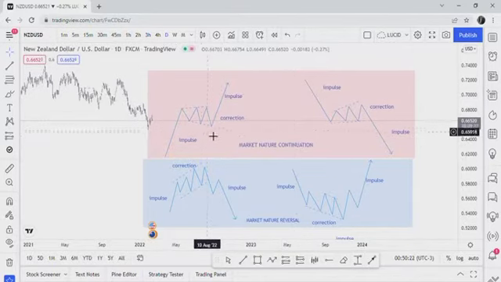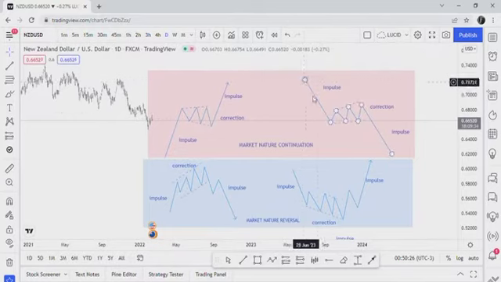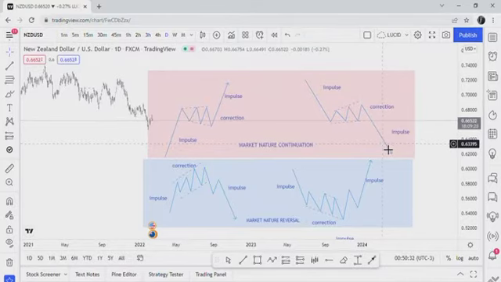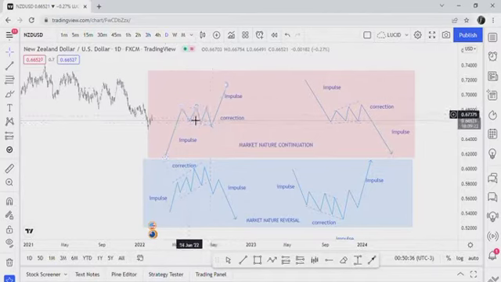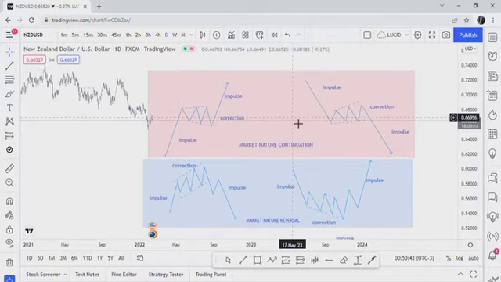A continuation to the upside for an uptrend and a continuation to the downside for a downtrend. Then that's market nature for trend continuation, right?